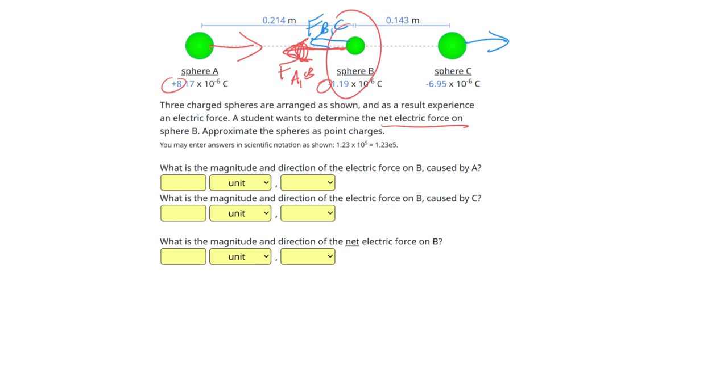So what is it? B caused by A. So that was to the left.